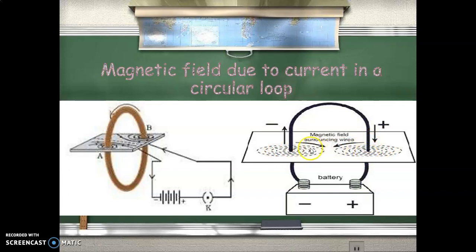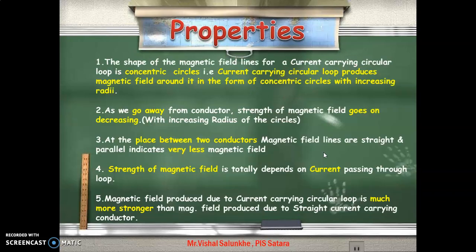So near to these two conductors, here and here, the magnetic field is more. But as we go away from the conductors, at the center it is at a very large distance from the conductor as compared to the distance. That's why here the magnetic field lines are straight and parallel, and it indicates that the magnetic field is very less.